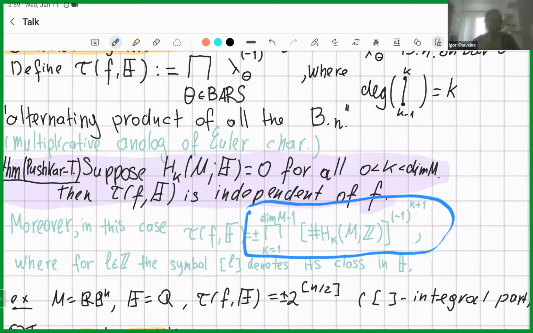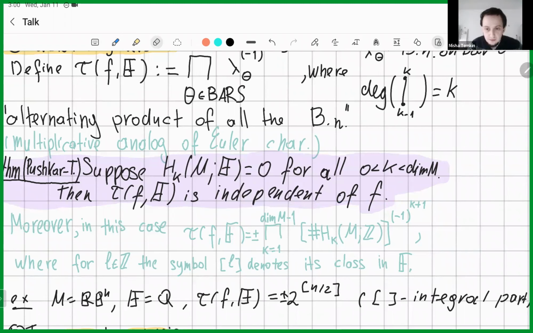Can I ask, about this restriction on the homology, how rich is this class of manifolds that have no homology between 0 and top dimension? Very poor. It's a sphere, I guess. It's more or less the same as a homology sphere.